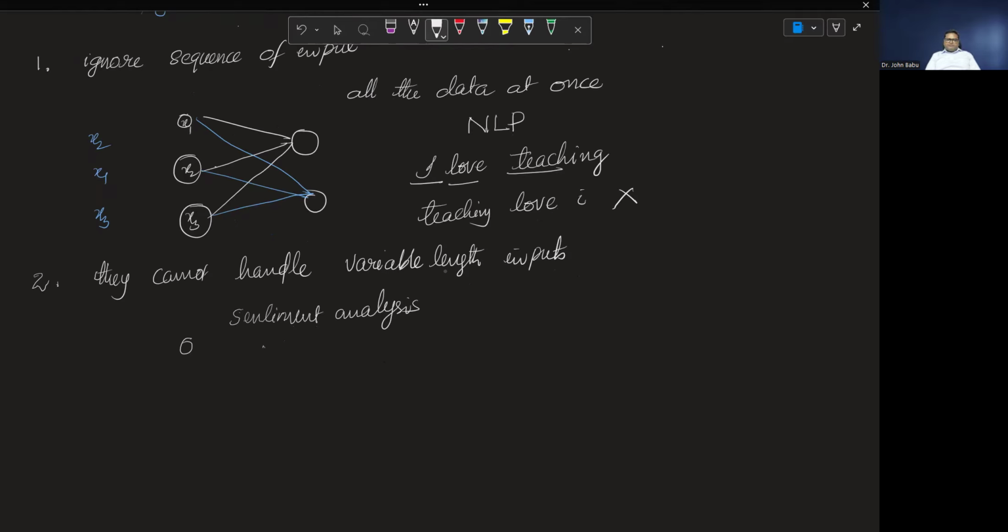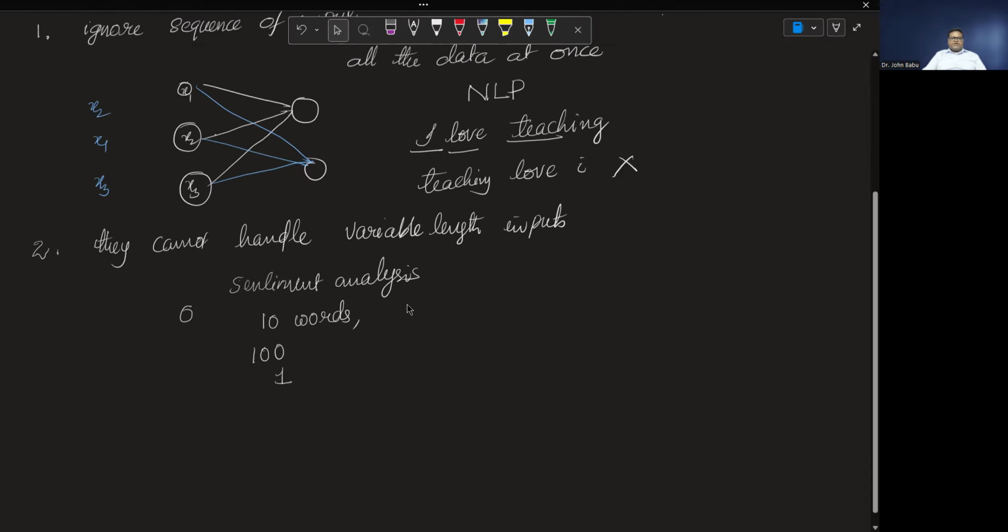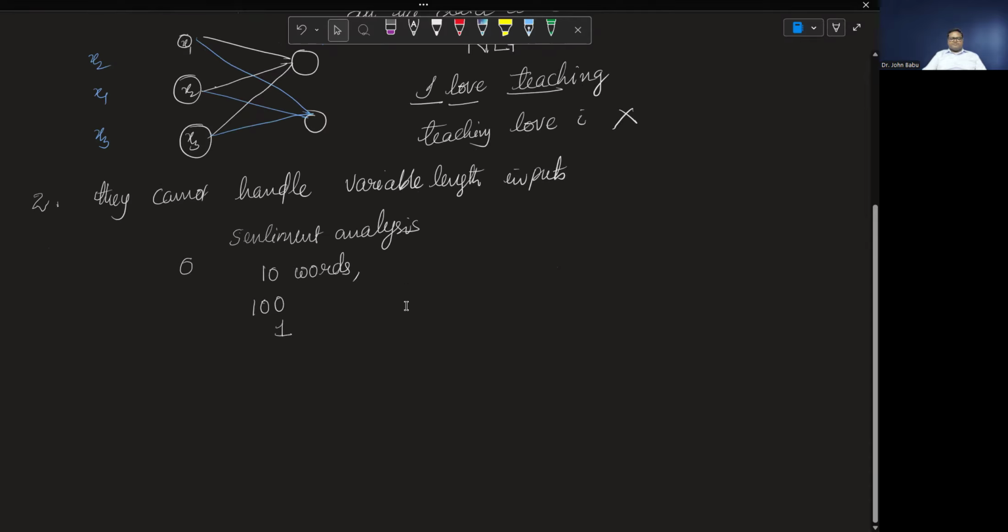One review may have 10 words, that means 10 inputs. Another review may have 100 words, and another review may have only one word. So ANN and CNN are not designed to handle variable length inputs.